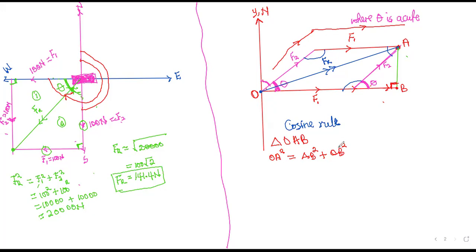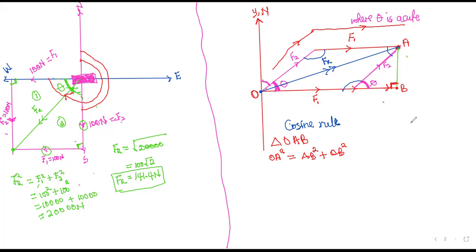We have right angle triangle OAB, isn't it? And so we can apply Pythagoras theorem to this right angle triangle. OA squared is equal to the square of AB plus the square of OB. And that's what I've done here.